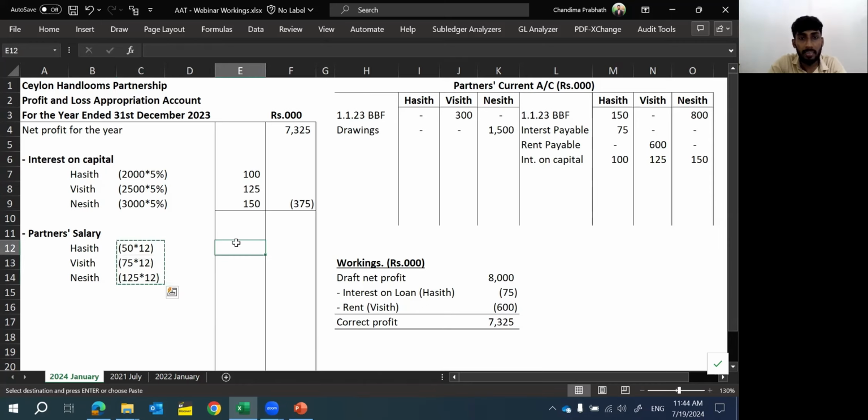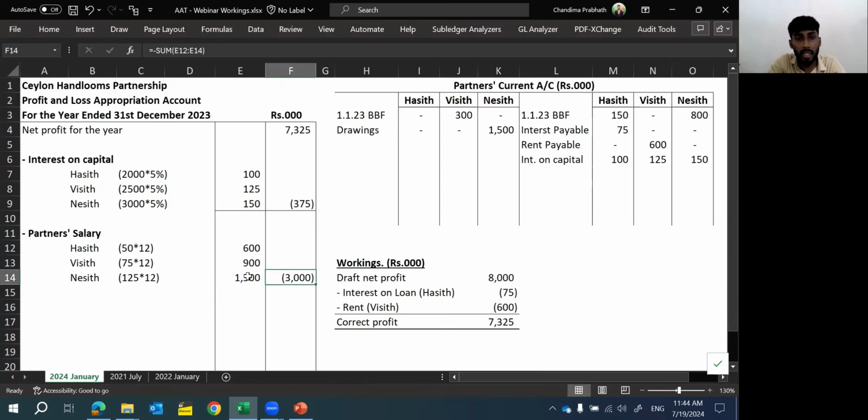All these figures are given monthly. So for Hasit it is 600, for Visit it is 900, and for Nesit it is 1500.